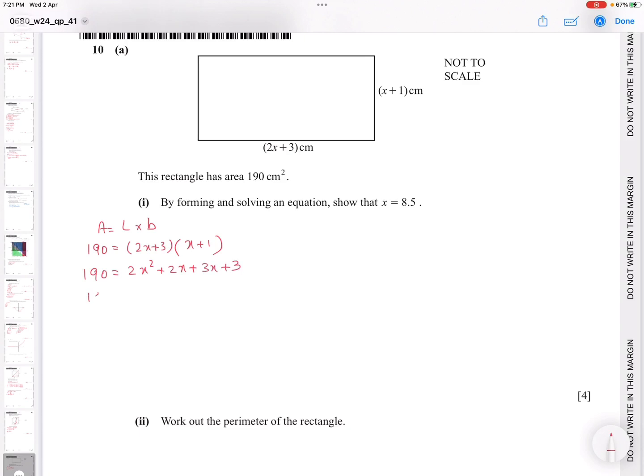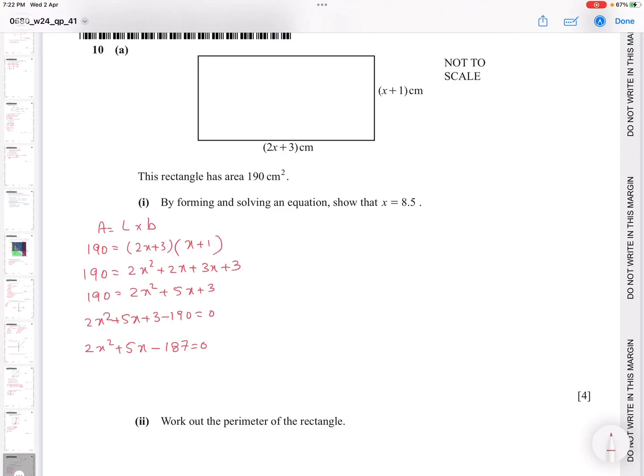After simplification of the like terms, you get 2x squared plus 5x plus 3 minus 190 equals 0. So this gives us 2x squared plus 5x minus 187 equals 0.